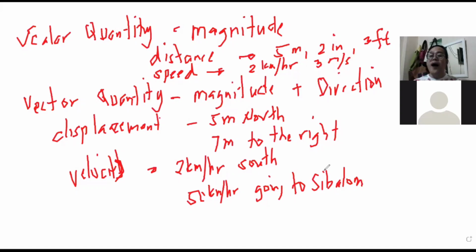Those are quantities that we will deal with as we go on with the lessons in physics. And we will classify these as vector and scalar because it will be very easy for us to understand if we know whether it is a scalar or a vector quantity. So every lesson, we will define the certain quantity as either a vector or a scalar.